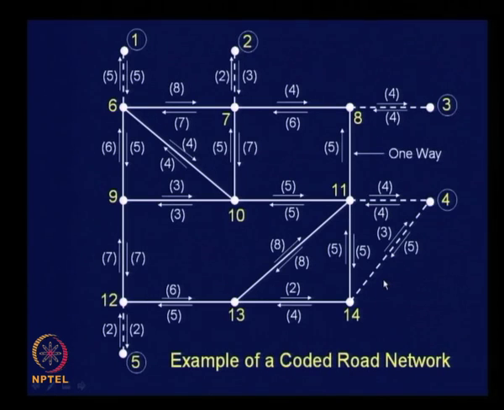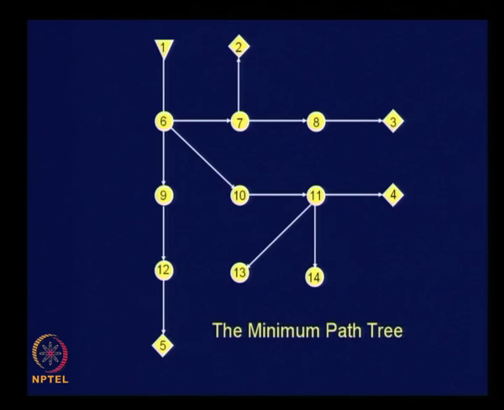a minimum path tree. Before that, have a look at the network that we have initially considered, and the minimum path tree is this, from node 1 to all the other nodes.